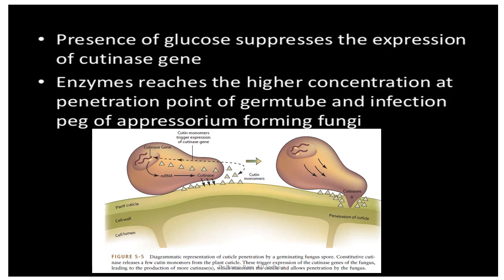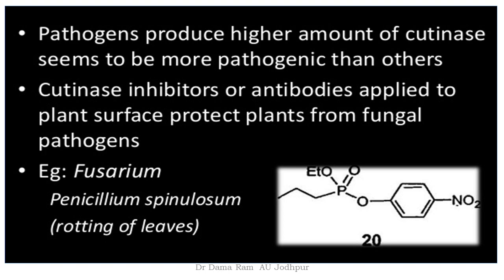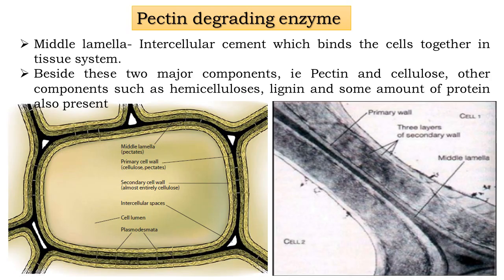Pathogens that produce more cutinase can penetrate directly, otherwise they penetrate through wounds or natural openings like stomata and lenticels. So pathogens producing a higher amount of cutinase seem to be more pathogenic than others, and if we apply a cutinase inhibitor or antibiotics to the plant surface, it can inhibit pathogen penetration. Some examples are Fusarium and Penicillium, which are rotting fungi in plants.